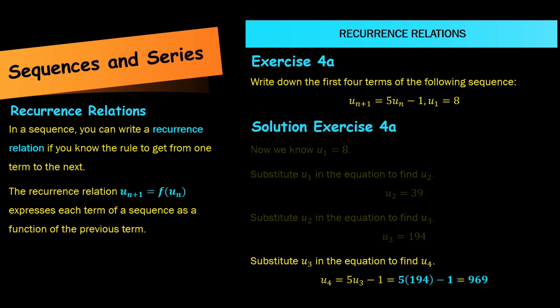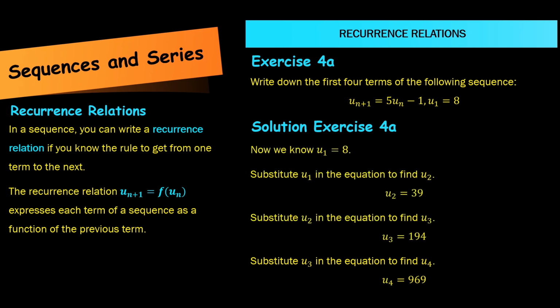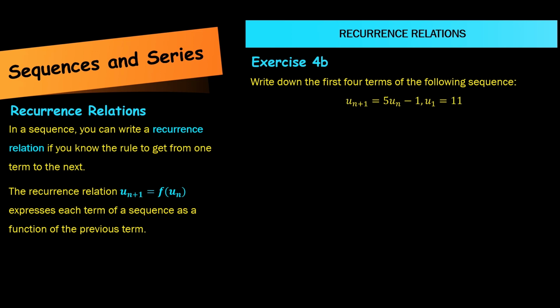Now let's take a look at part B. We are required to write down the first 4 terms of the sequence u(n+1) equals 5u(n) minus 1 with the starting term u1 equal to 11. Notice that the recurrence relation is exactly the same. However, u1 is different to part A. So let's solve this. We know, of course, that u1 is equal to 11.